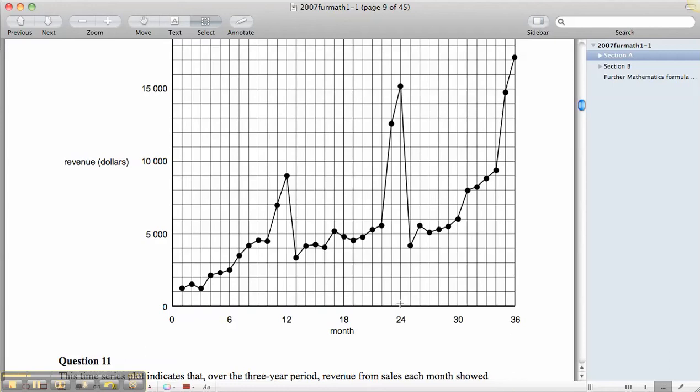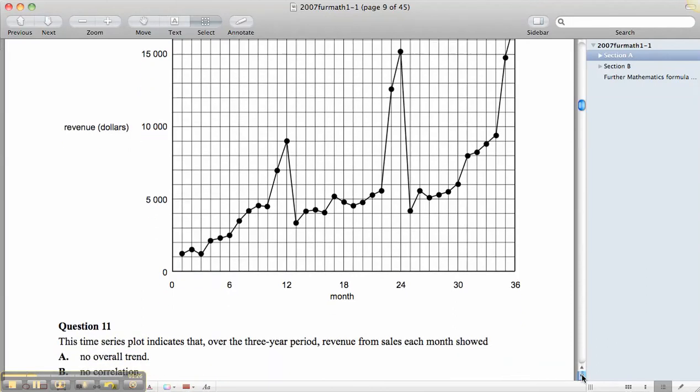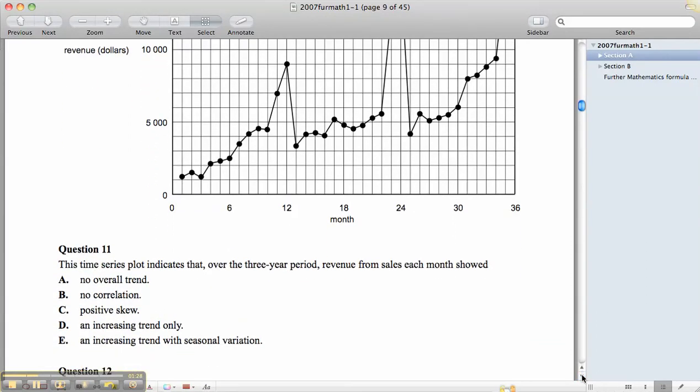So at 24 months, which is effectively the 12th month in the second year, you have another spike. And then at 36 months, which effectively is the 12th month in the third year, you have another spike. So the variation for this one is seasonal. So your answer for question 11 is E, an increasing trend with seasonal variation.